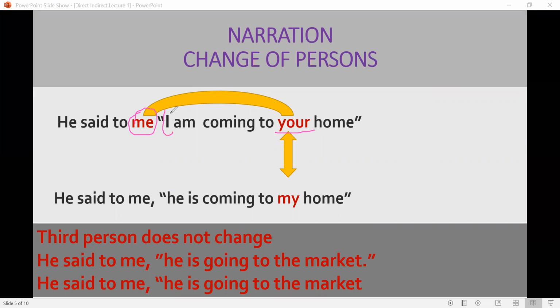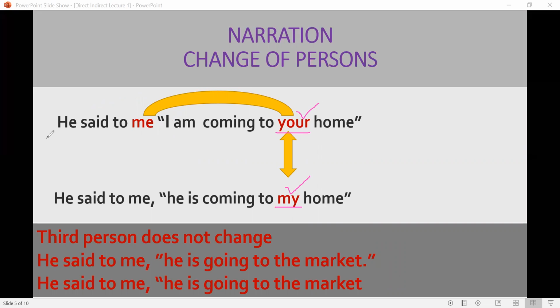Like I has been changed into the subject, second person is changed into the object. He said to me, he is coming to my home. As your is possessive case, we use the possessive case of I: my home.